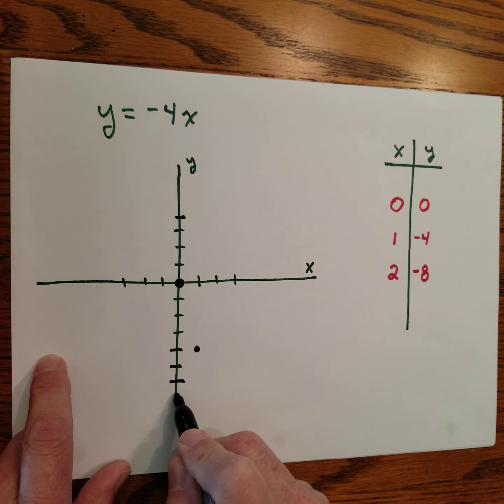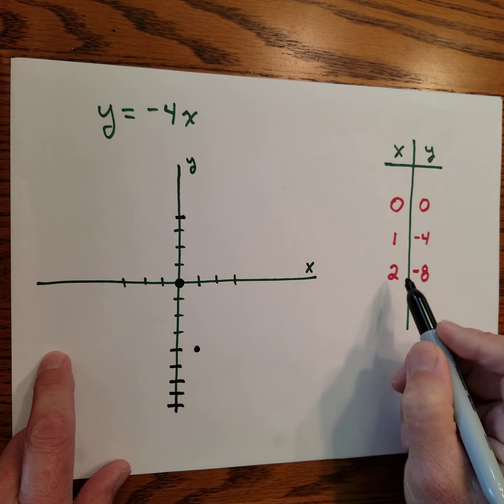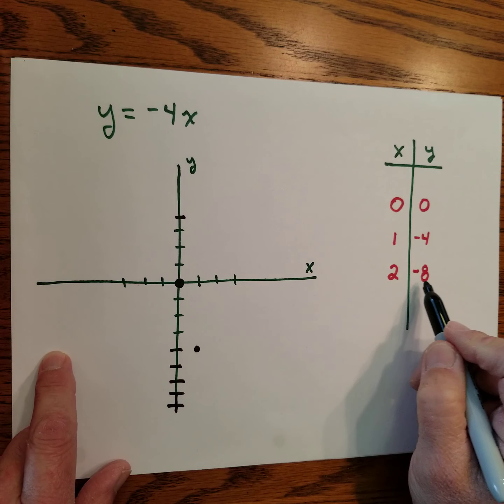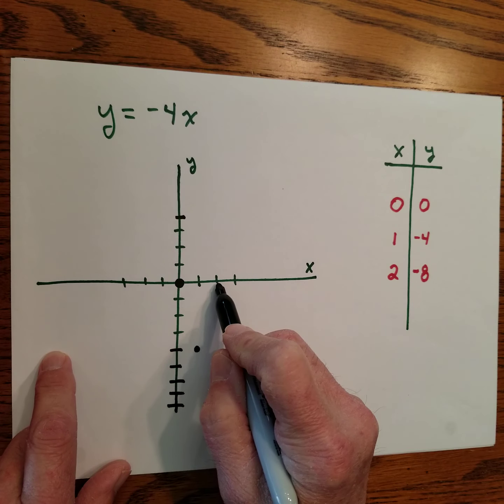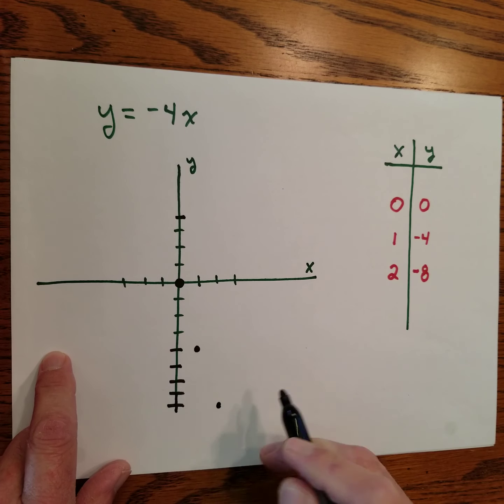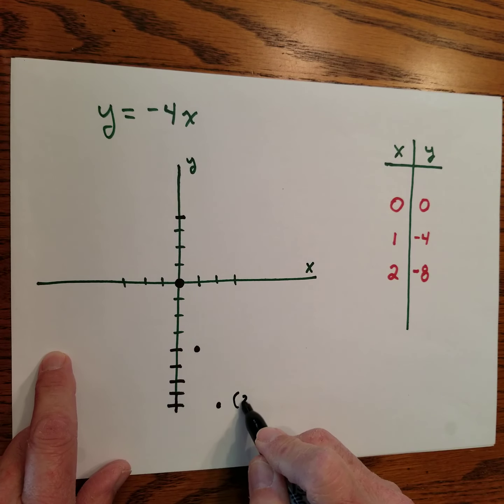In order to plot my last point, I need to go further down. When I go 2 right, I go 8 down. x2, y negative 8. Those 3 points should line up. Let's label them.